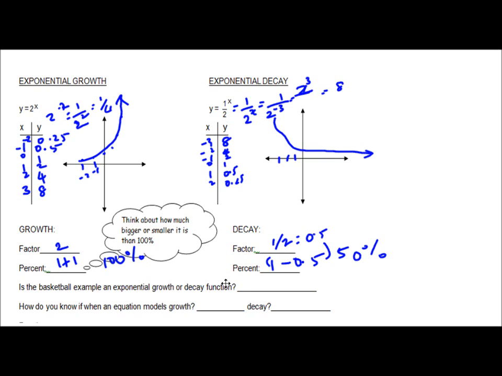All right. Now, in the basketball example, is it a growth or decay function? What do you guess? It is a decay function. How do you know if an equation models growth? Look at the b value.